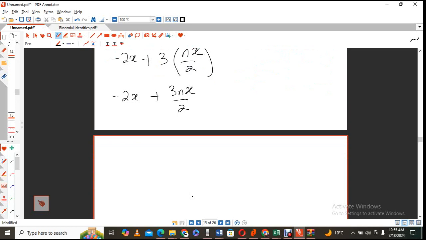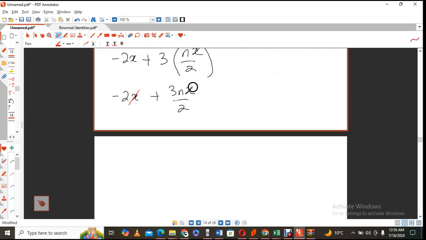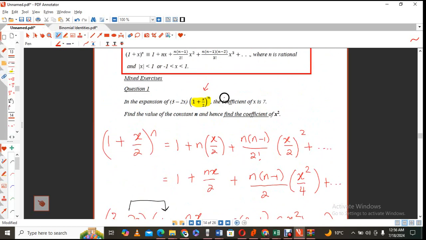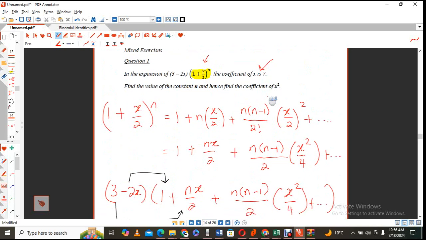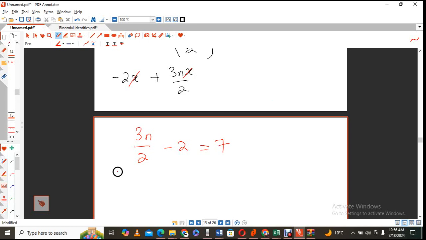So I'm just going to drop the x's there and rewrite it as 3n over 2 minus 2. And I'm going to let that equal 7, because the coefficient of x is 7 according to the question. Now I can actually find the value of n from there.